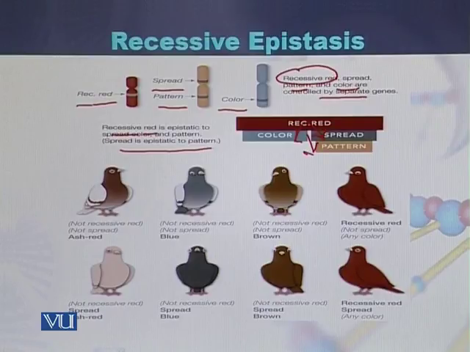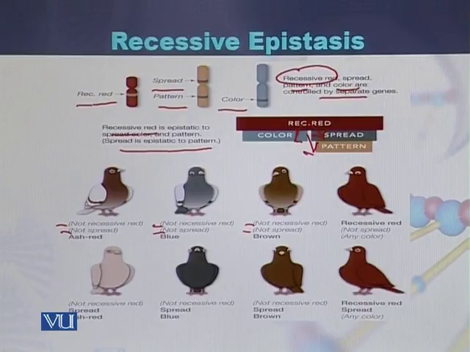So here are some pigeons. In these three types of pigeons there is no recessive red, and there is no spread either, and we can see that there are different colors of the pigeons.